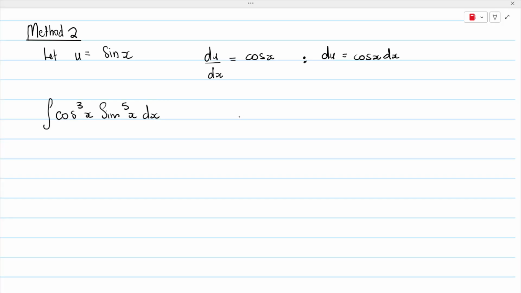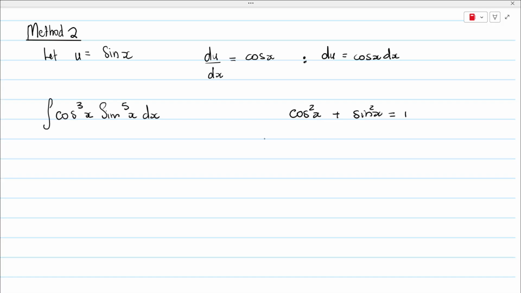Because I'm working with trig functions, I want to apply trig identities. The identity that I will apply here, a Pythagorean identity, is one that relates cos and sine x. I already know that the identity is cos squared x plus sine squared x is equal to 1.